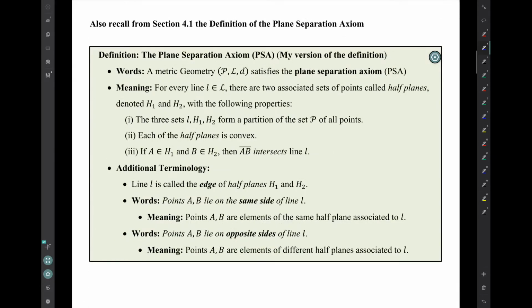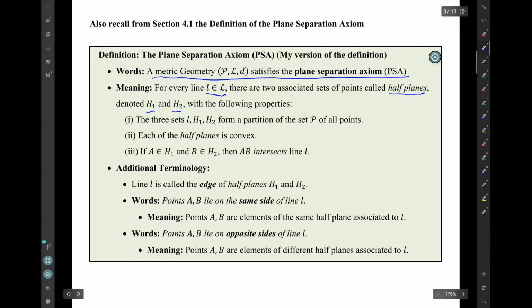And in the previous section, we discussed the plane separation axiom. These words, saying that a metric geometry satisfies the plane separation axiom, mean this. For every line L in the set of lines, there are two associated sets of points called half planes, denoted H1 and H2, with the following properties.